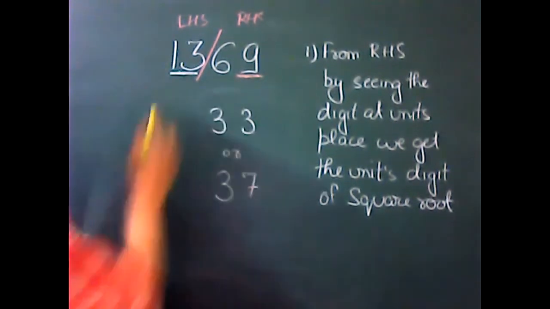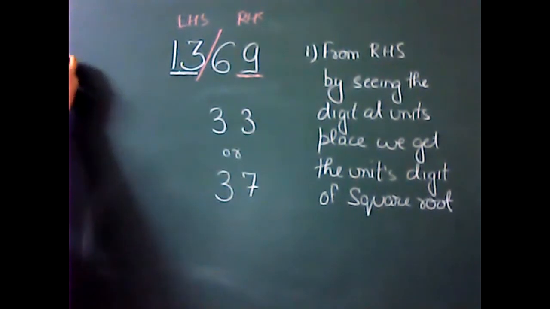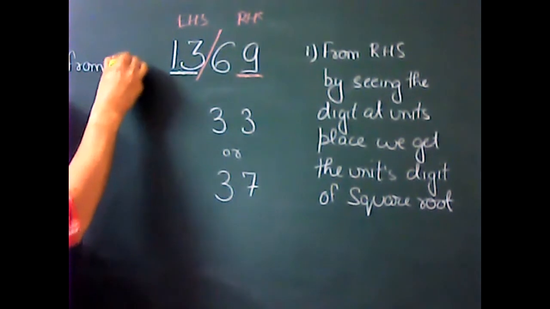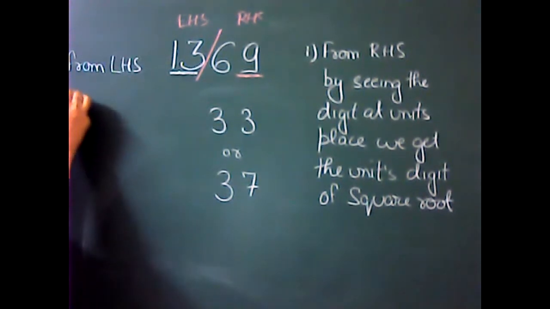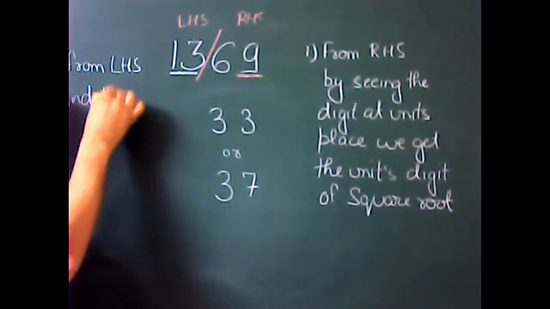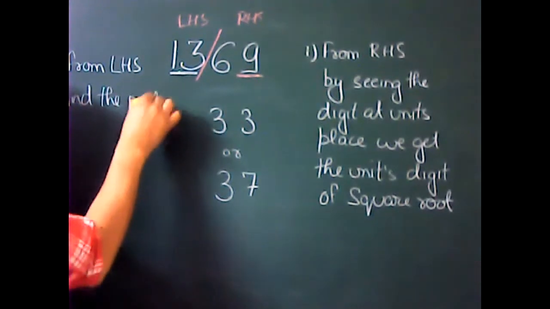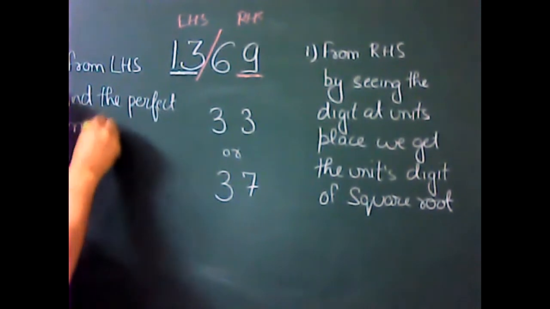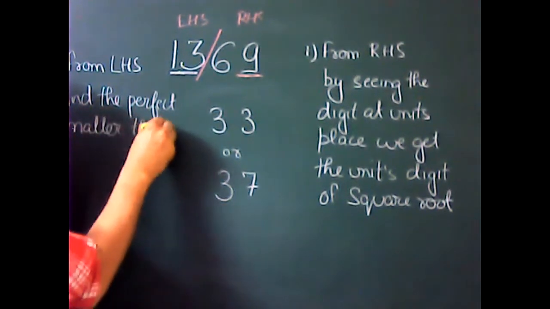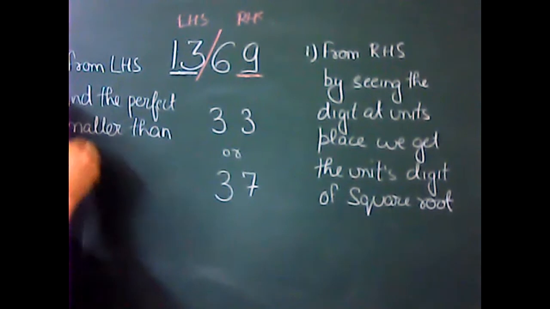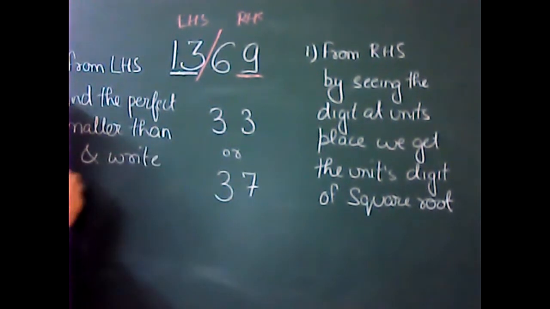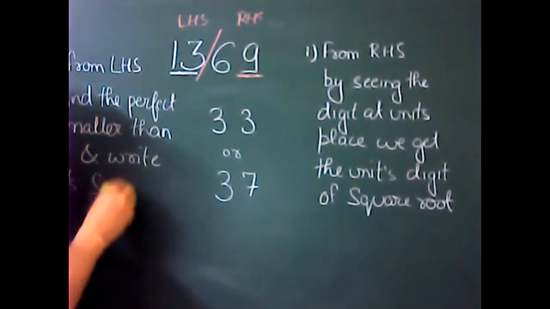Now, second part, from LHS, find the perfect square smaller than it and write its square root.